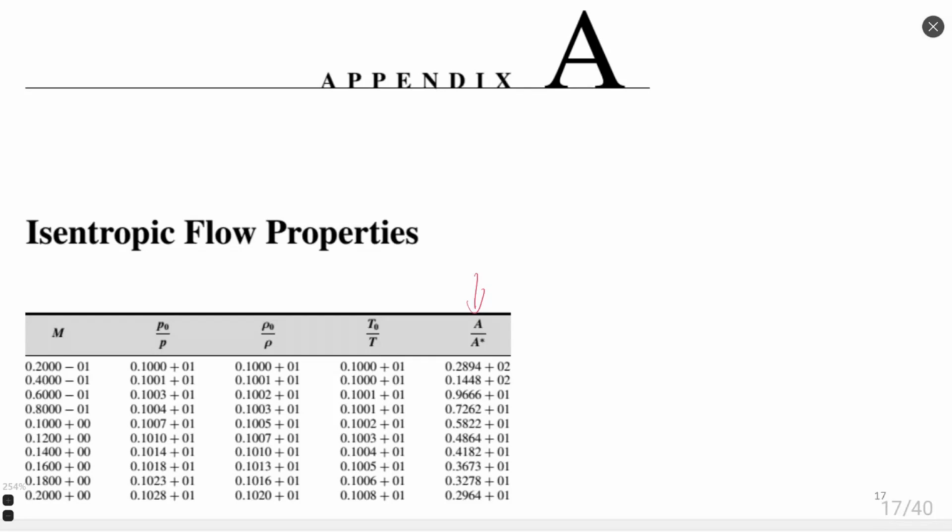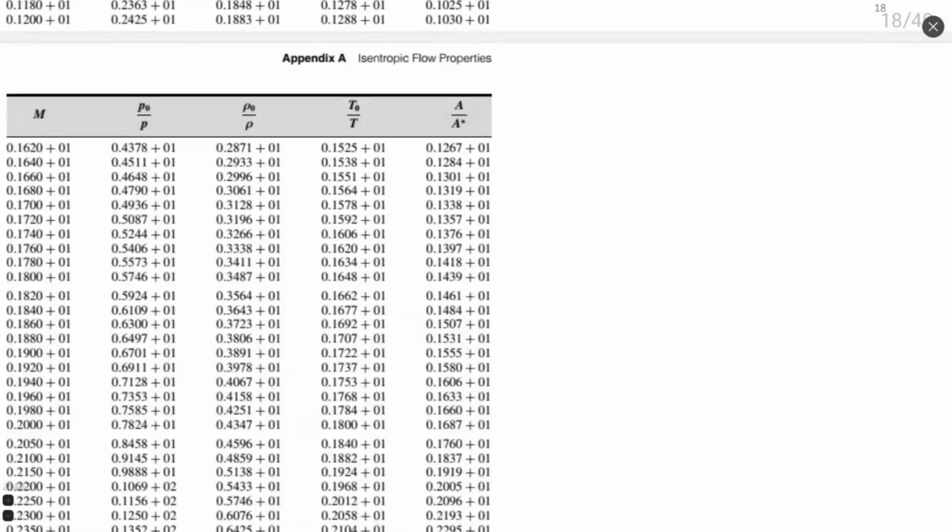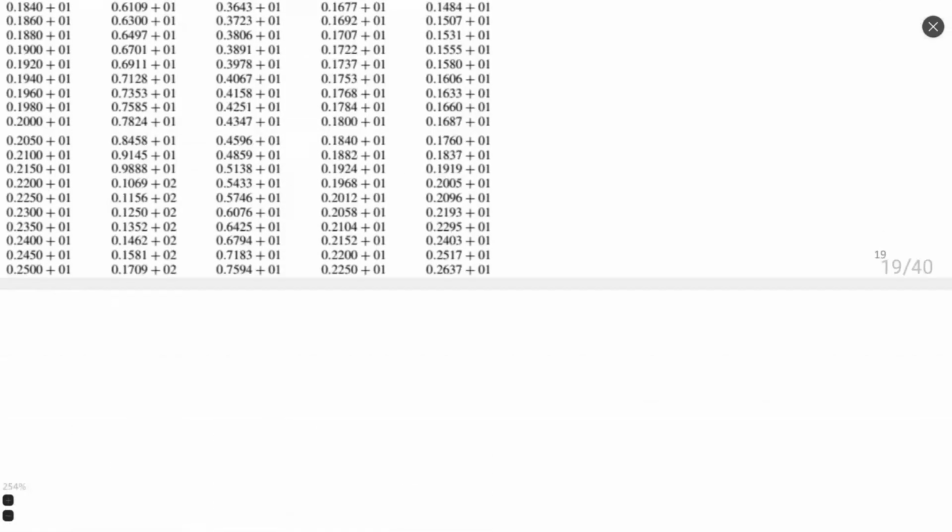Properties for quite a big range of Mach numbers, and as a function of this Mach number, we have pressure ratio, density ratio, and temperature ratio, starting from 1, right, and increasing. I think increasing, probably. Yeah, increasing until very high numbers. You can find at the very end huge values.